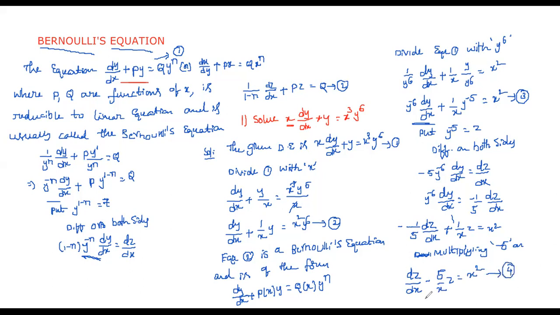Now, is this a linear equation or not? See here: dz by dx plus p of x into z is equal to q of x, and we need to apply the usual procedure now. So this is the new procedure: first we have to see whether the equation is a Bernoulli's equation or not. If it is Bernoulli's, we have to convert it into linear. For that, we choose the substitution y power minus 5 equal to z, and we converted into linear.